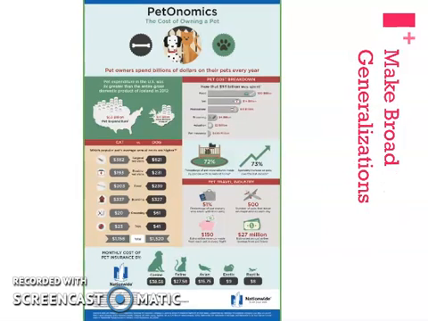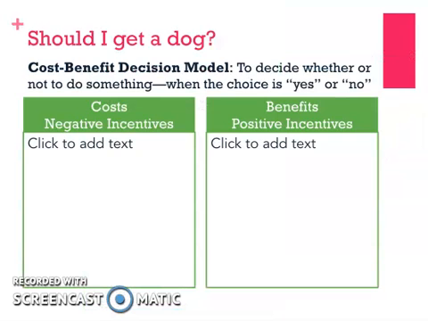Then you could invite students to make broad generalizations. In keeping with the objectives for this particular lesson, to invite students to do that, I've included some decision-making models. You could introduce these to students, or maybe in an economics and personal finance course, students have already engaged with these various decision-making models. So you might ask, should I get a dog?